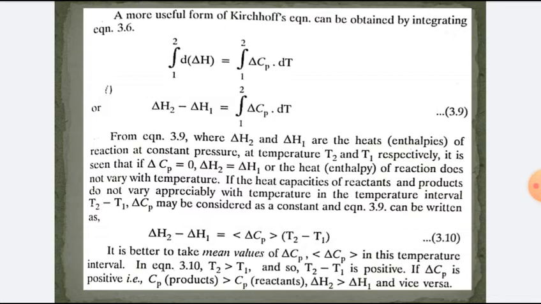Here T2 is greater than T1, so T2 minus T1 will be positive. If delta Cp is positive, then Cp of product is greater than Cp of reactant, and del H2 will be greater than del H1, and vice versa.